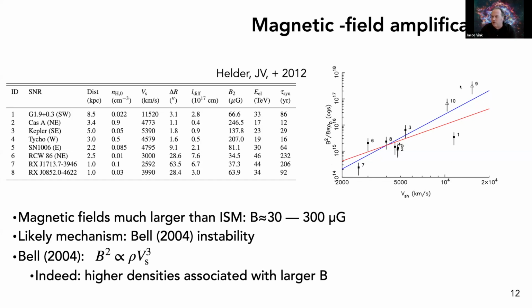And actually, the last point here is not a young supernova remnant, but supernova 93J, where the magnetic field has been measured in a different way. But it seems to be along this line. So there at least is tentative evidence that indeed this relation holds. So the higher the density and the higher the shock velocity, the larger the magnetic field amplification.